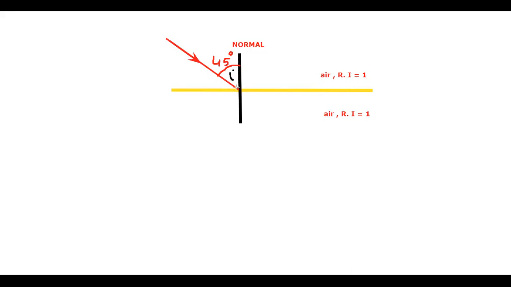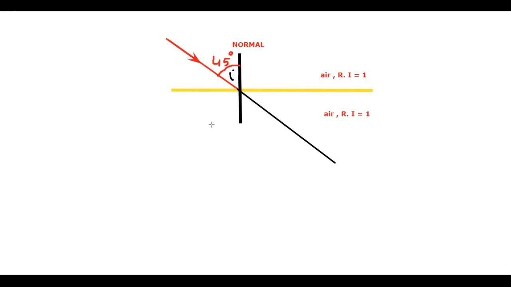Now the ray either bends towards the normal if you have a denser medium, or goes away from the normal if you have a rarer medium. But since both mediums are equal, the ray of light will neither bend towards nor away from the normal. The ray will continue to move in the same path. That means it will not change its path.